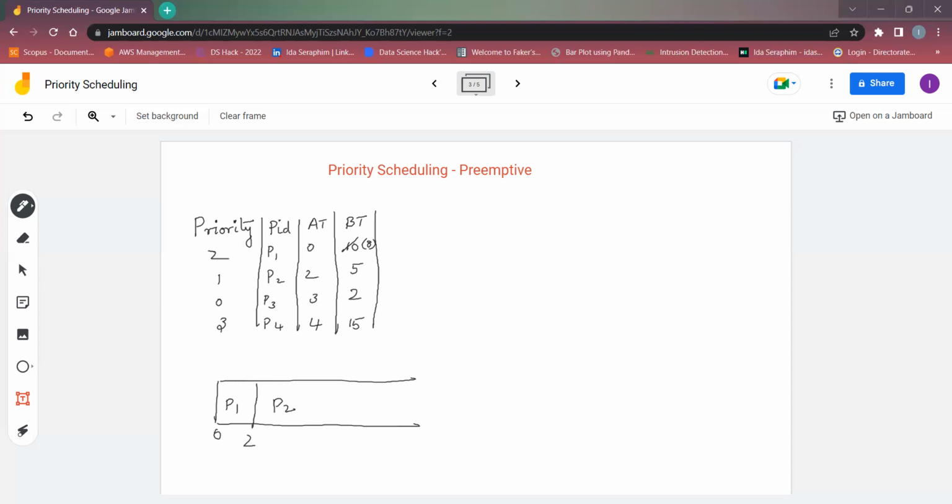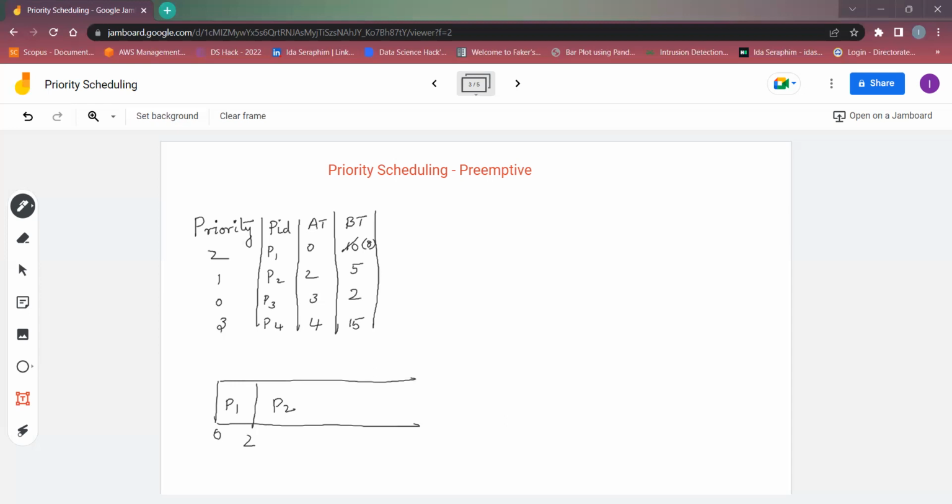Now P2 is executing. After 1 millisecond, P3 comes in. P3 has the priority value 0, which is higher than that of the process currently executing. Which process is currently executing? P2.